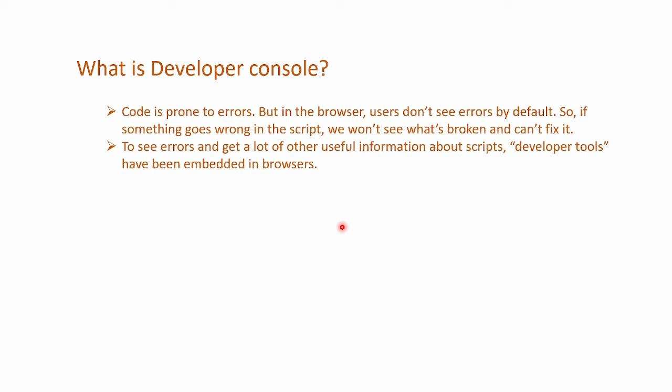But in the browser, users don't see errors by default. So if something goes wrong in the script, we won't see what is broken and how to fix it. For that, we need the developer console to see errors and get a lot of other useful information about scripts. For that, we have developer tools embedded in all browsers.